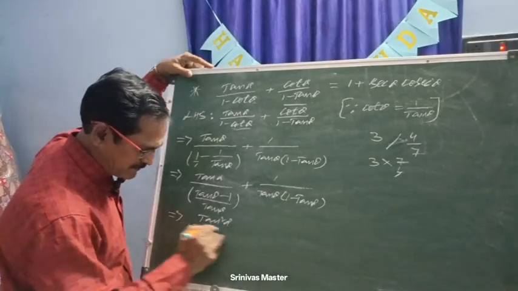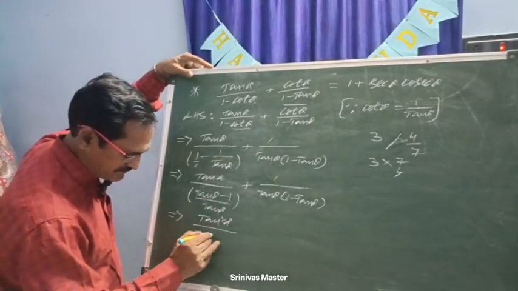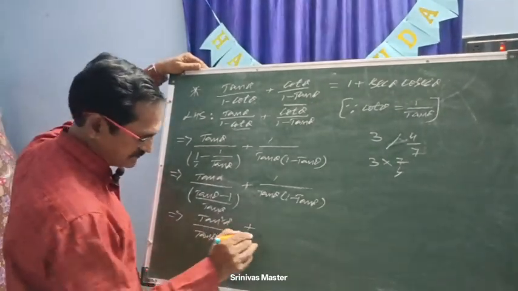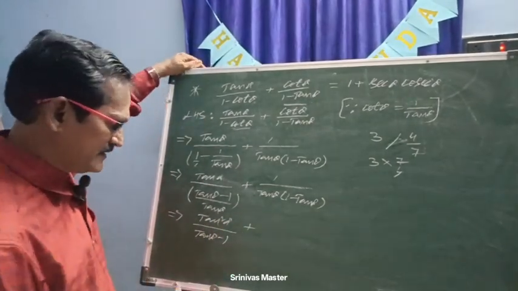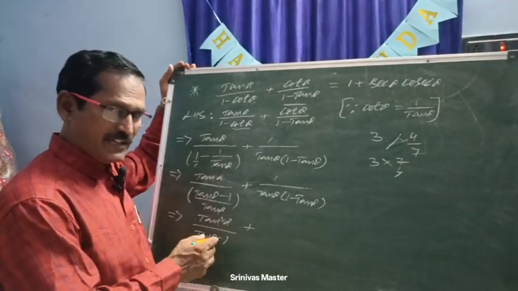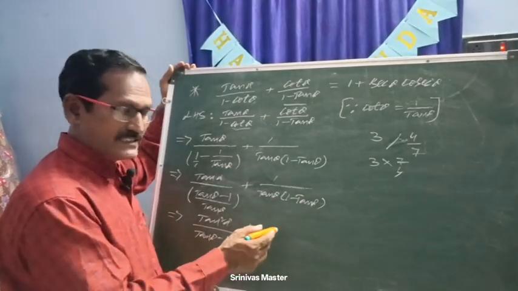Tan square theta by, what is there? Tan theta minus 1. Plus, see, children, here be alert. Here tan theta minus 1, and here is tan theta into 1 minus tan theta.